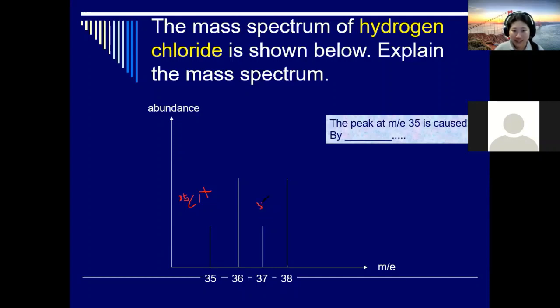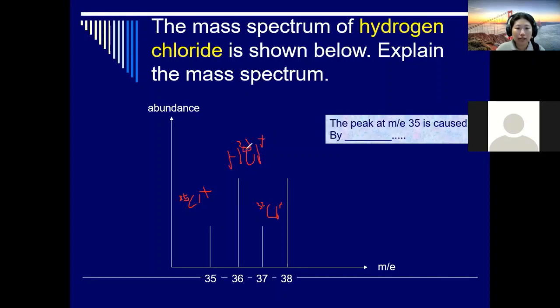Remember this thing? I want you to memorize the isotopes of chlorine and bromine. Bromine is 79, bromine 81. So this one you have to remember. And then this must be my molecular ion, HCl positive charge, and my chlorine must be my 35.